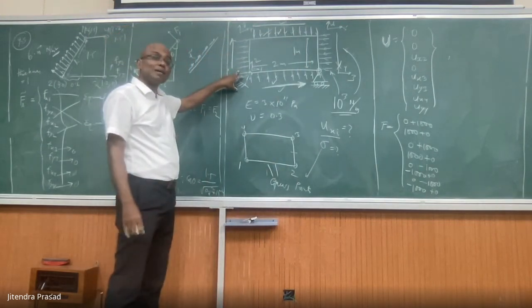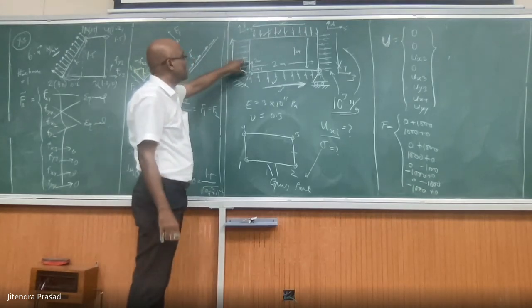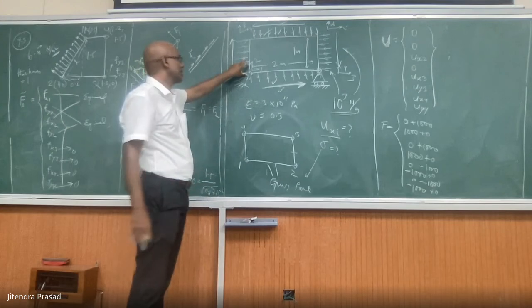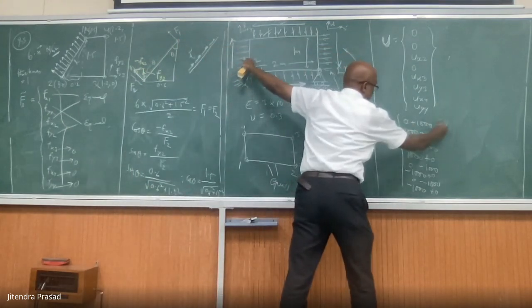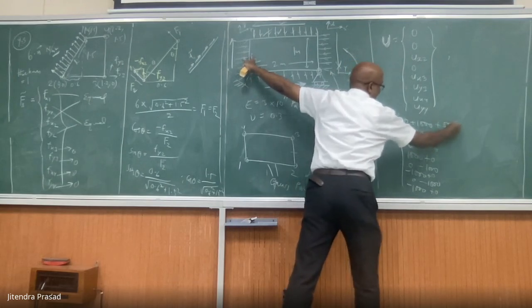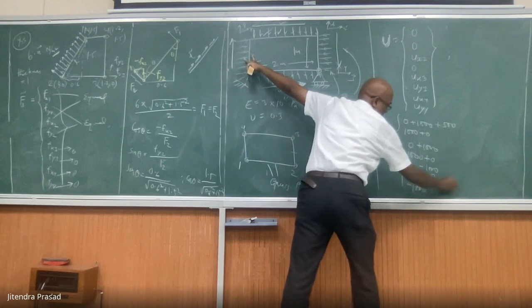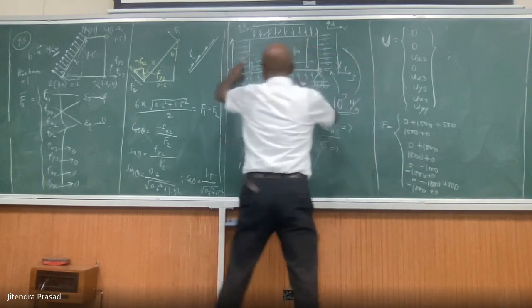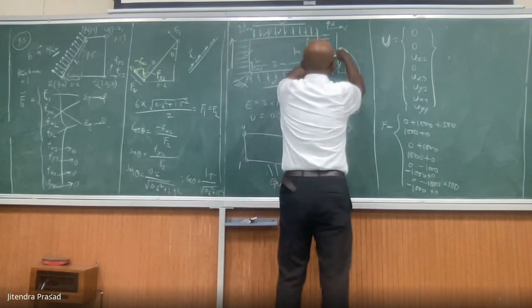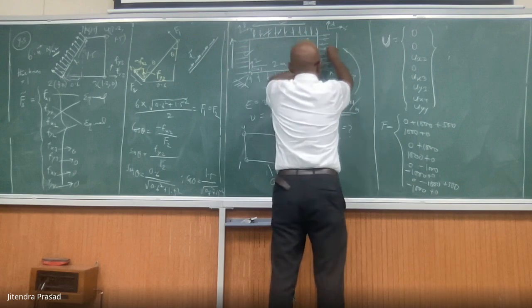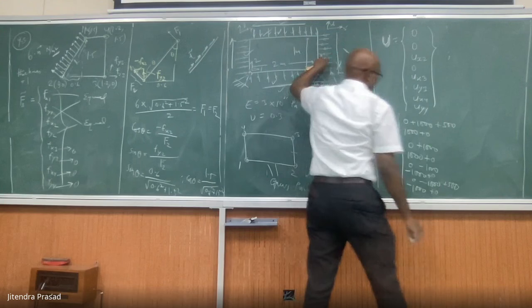Now the left side, 1 and 7, and you will have half of it, 500. So 1 has 500 and 7 right here, 500. This one will be 3 and 5, minus 500.